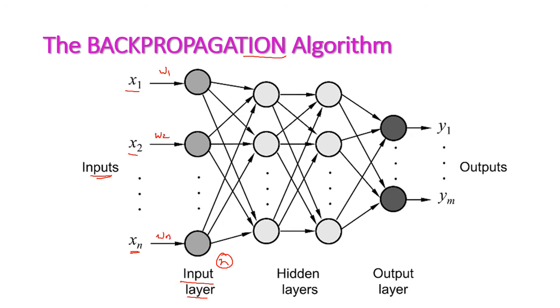The weight value will be multiplied with the input, and that will be the output of the input layer function, o1, o2, up to on. In this network we have two hidden layers, hidden layer 1 and hidden layer 2, and finally the output layer. Here we have m number of outputs, y1, y2, etc. up to ym.